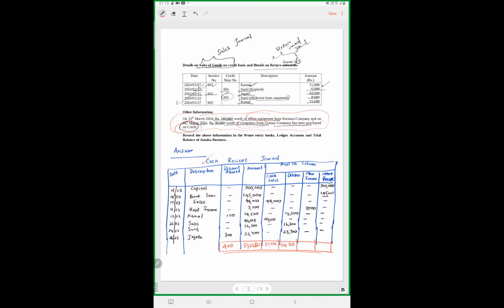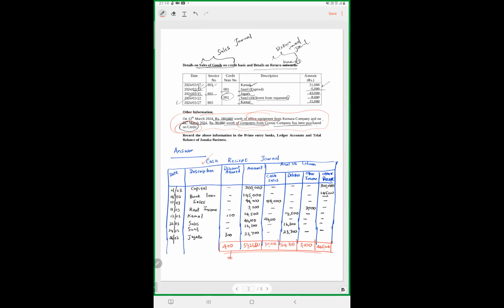Other income we are having 3,000. Next, other receipt we are having 245,000. Then we need to create a ledger account for each of these, right?